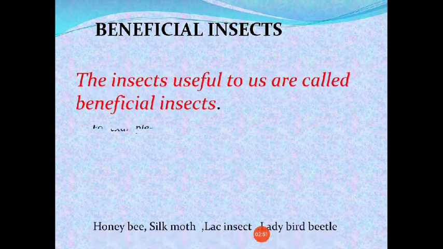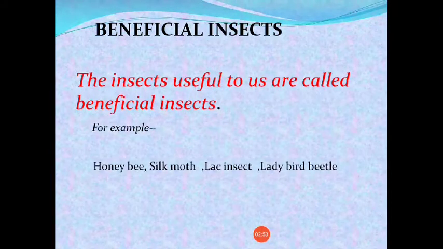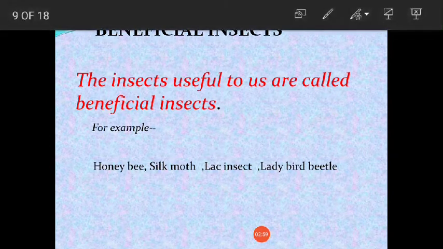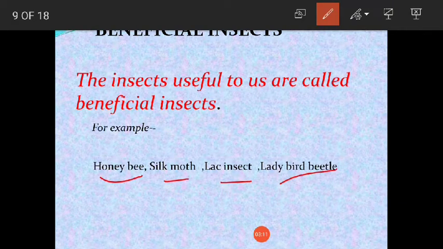There are both beneficial and harmful types of insects in the world. The insects which are useful to us are called beneficial insects. Some of the examples are honeybee, silk moth, lac insect, ladybird beetle.